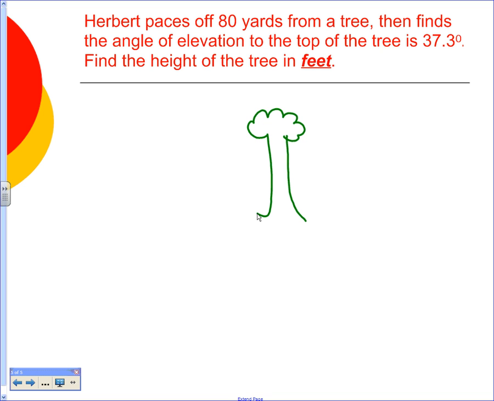Yeah, I would literally draw the picture. So I got a tree. What else do I know? Okay. 80 yards. So what do I do? So I draw my little person. It was 80 yards, so 240 feet. Now what?